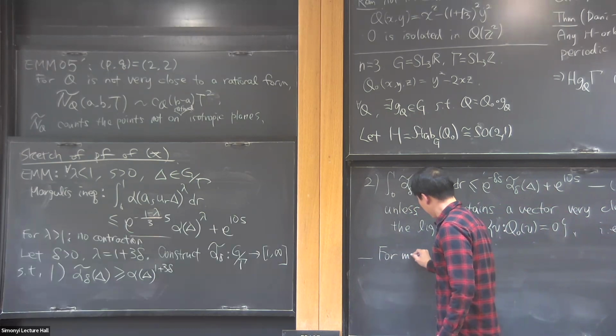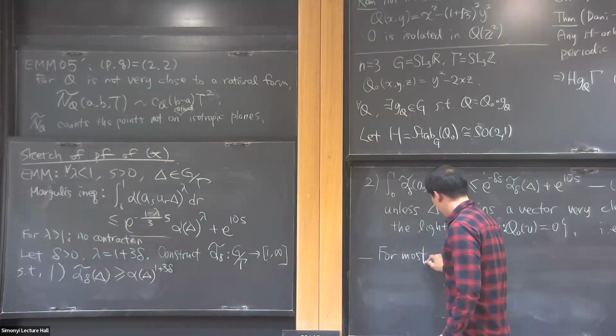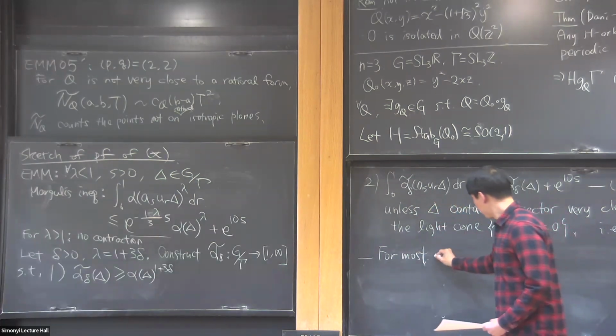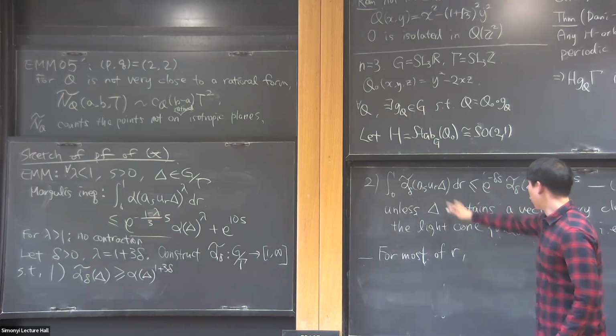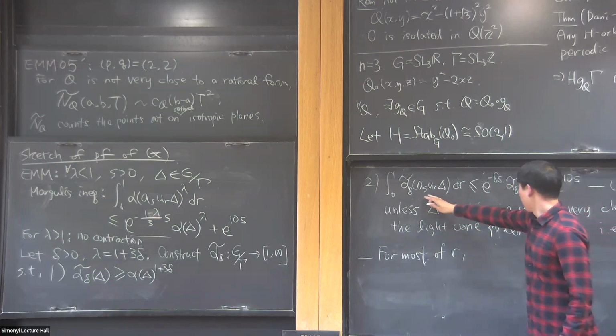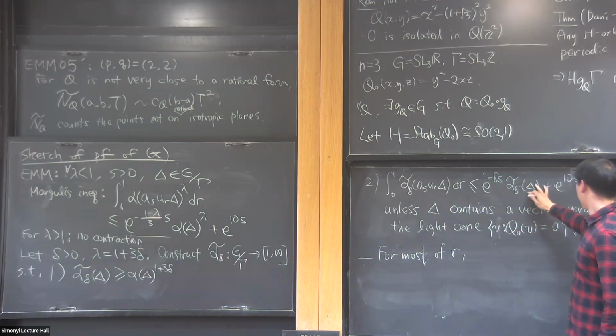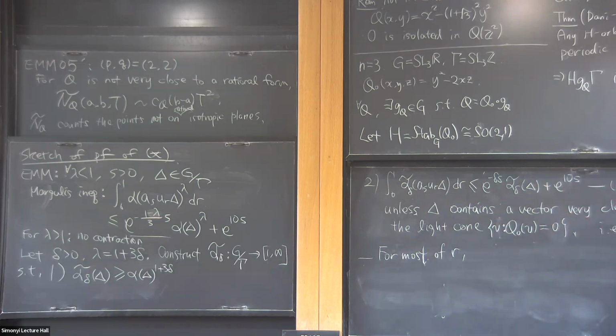So another ingredient is that for most of r, whenever our delta is outside this exceptional set, we would have this modified version of Margulis inequality.